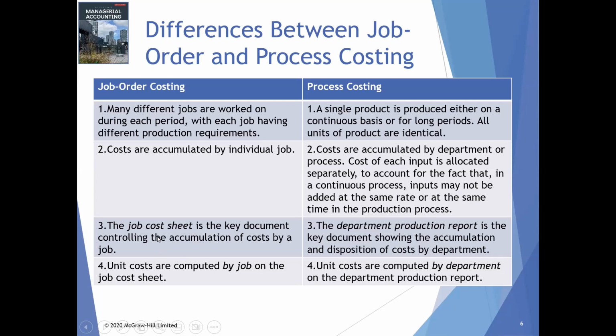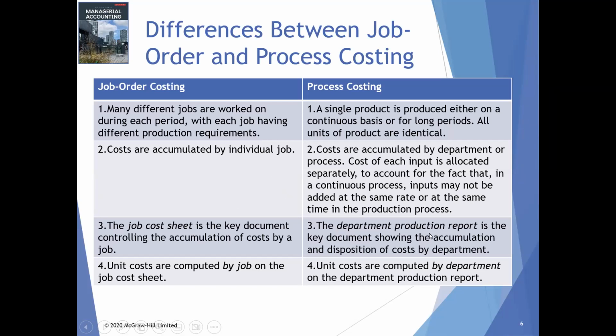The third point is the cost sheet. The job cost sheet is the key document controlling the accumulation of cost by job. In the job cost sheet we discussed last time, there was a material cost sheet and a labor cost sheet. On the basis of those sheets, which are associated with different jobs 1, 2, 3, 4, we calculate the cost.